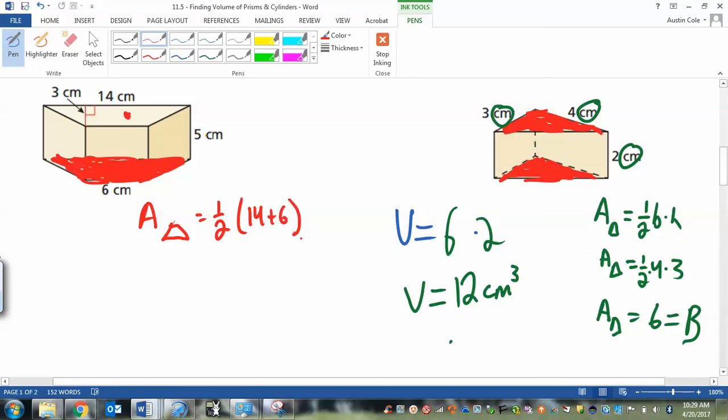So how deep is the trapezoid? Like how far through the wall is that figure going? Is that 3 or 5? 3, right? We're looking for the height of the trapezoid, not the height of the figure. So times 3. So our area of our trapezoid is going to be 14 plus 6 is 20. Divide by 2 is 10. Times 3 is 30.